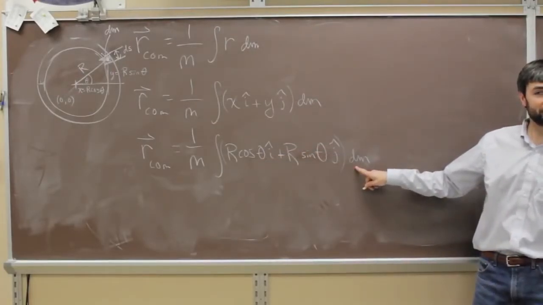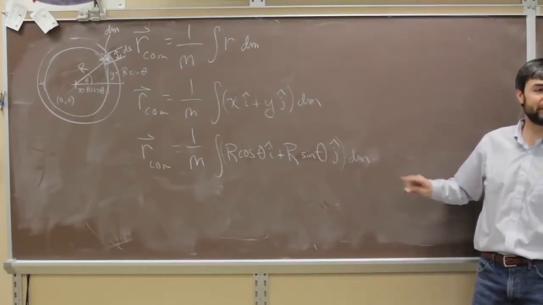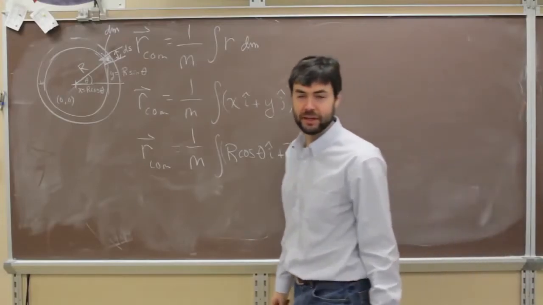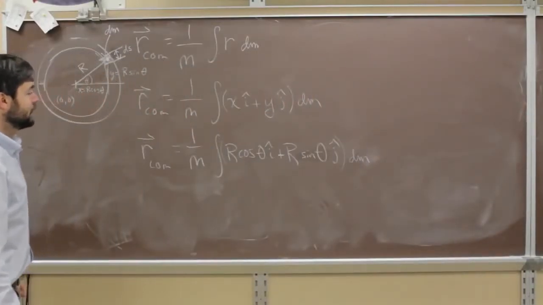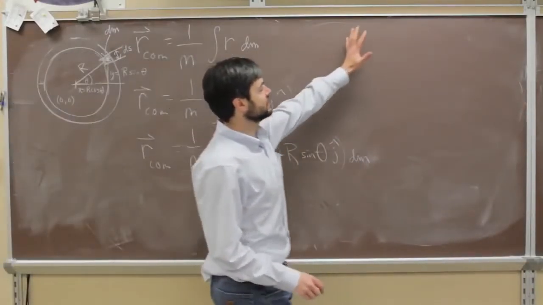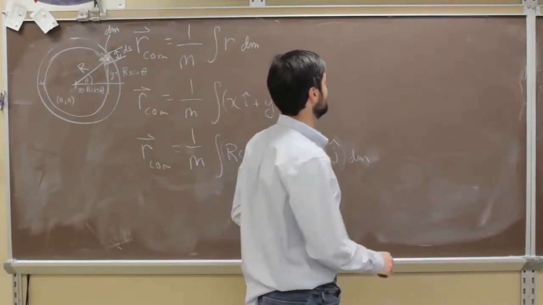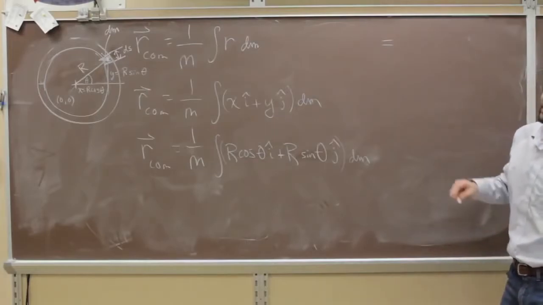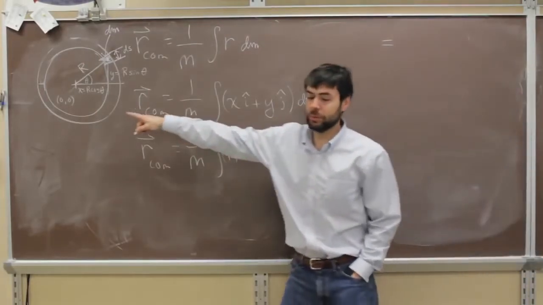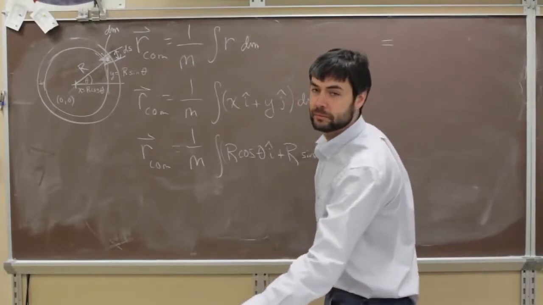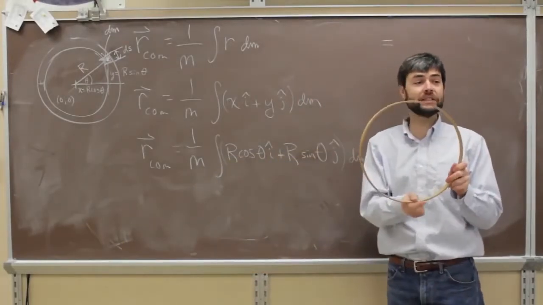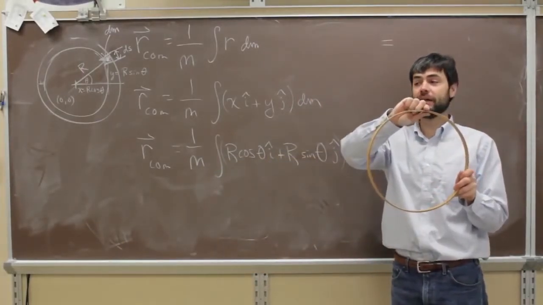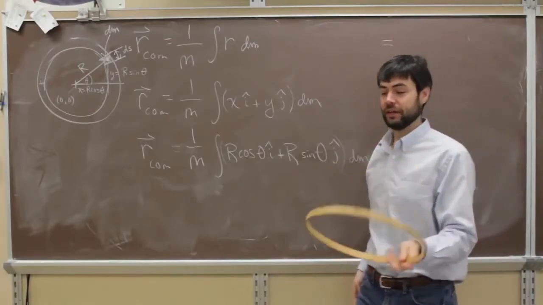What's our problem here? We've got dm. Should be theta. We need this to become a d theta. So we have to do some trickery to get rid of that. So we're going to do this as a little side step here. What's the density of this hoop? It's the mass of the entire hoop divided by the arc length of the entire hoop.